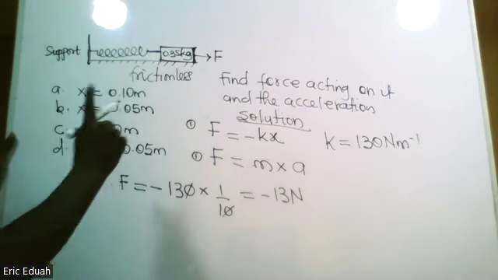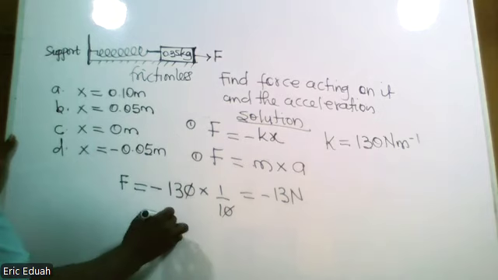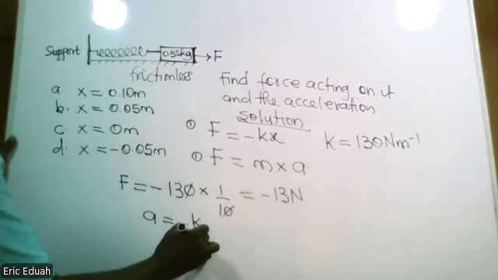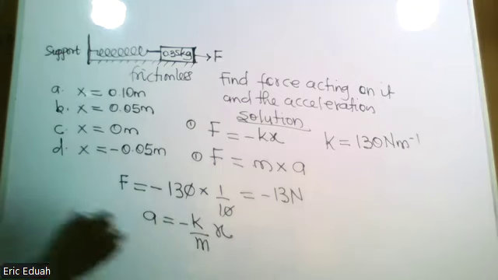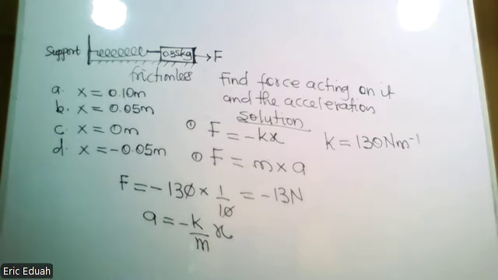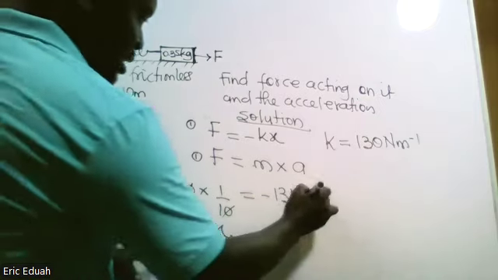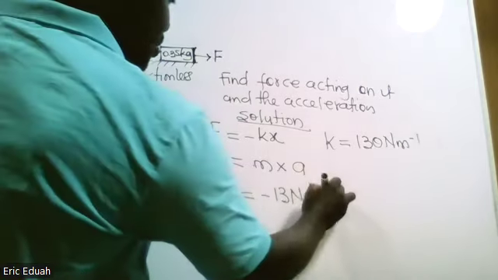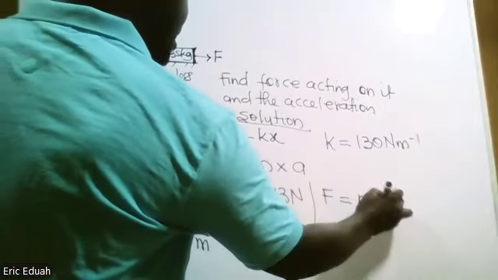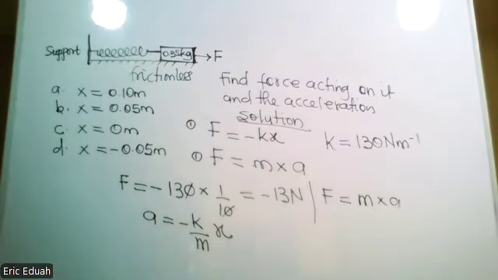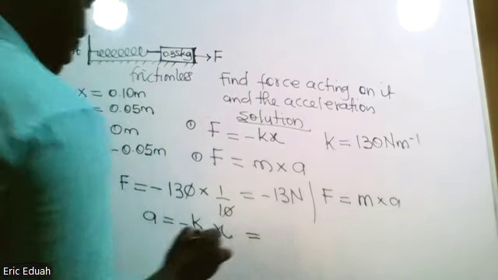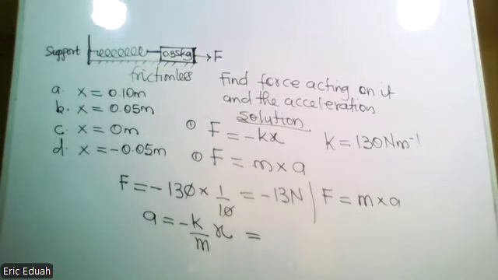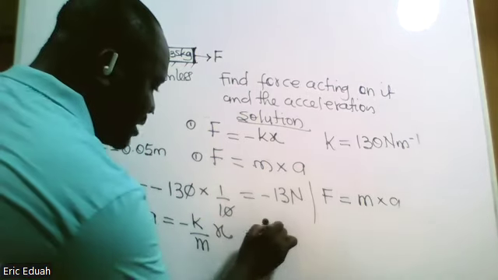Acceleration of a loaded spring is given by minus K on M times the displacement. Before we talk about acceleration, this same force can also be calculated using MA. Then we need to find acceleration before. So a is equal to minus K over M times the displacement. K is 130.